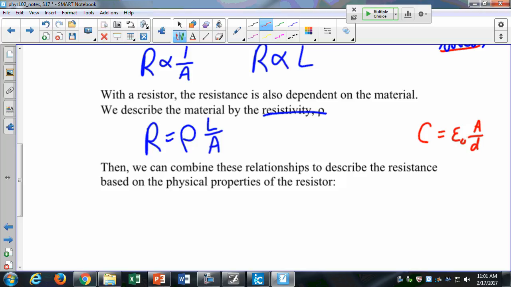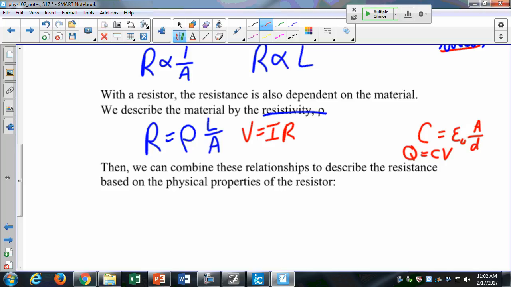But then I also have these other expressions, V equals IR and Q equals CV, that tell me what happens when I put a certain energy in, either the current or the charge. So these are very similar in the way we approach them. They're different devices and they operate differently, but mathematically they'll work out very similarly.